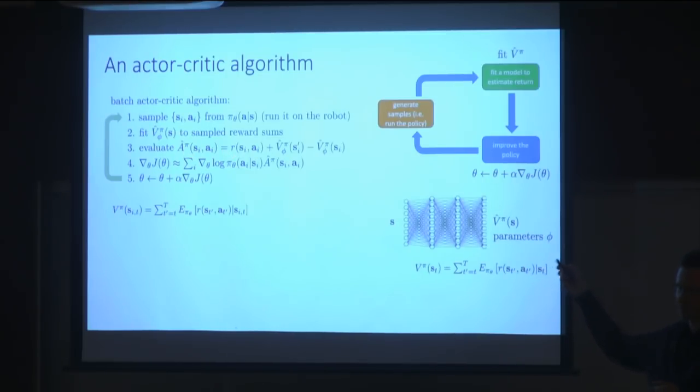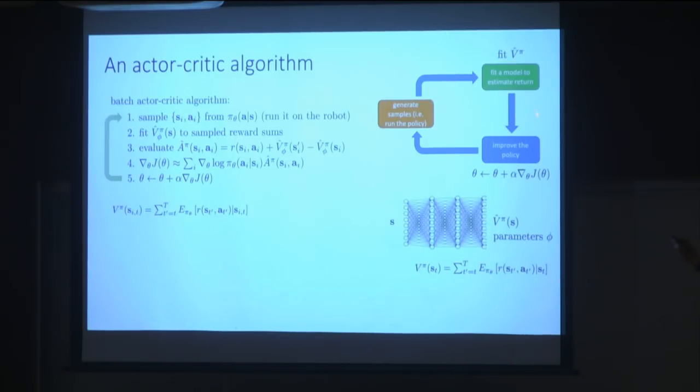And it's going to estimate that advantage by taking the reward that you actually got, the value function at the next state minus the value function at the current state. And then it will plug those advantages into the policy gradient expression. So before we had grad log pi times total rewards. Now we have grad log pi times advantage. And then just like before, you do gradient ascent on the policy parameters.